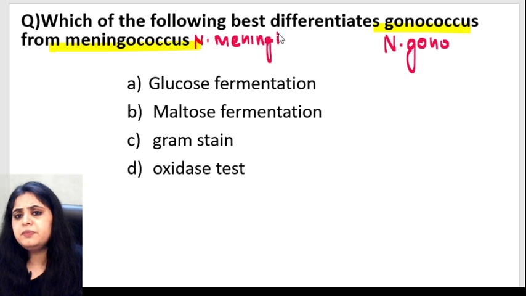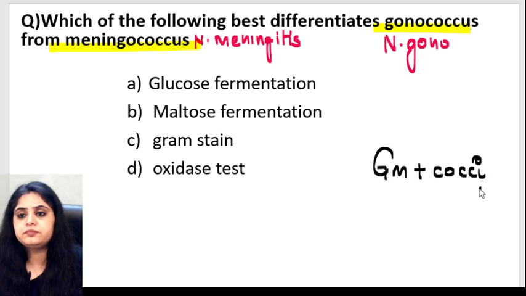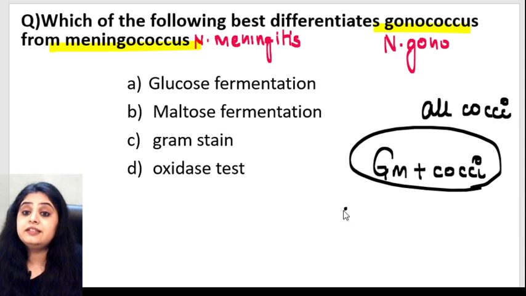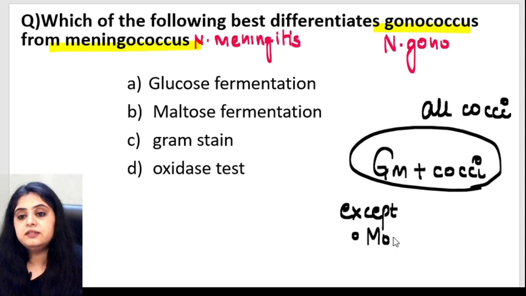First and foremost, up till now, whatever I've spoken about today were gram-positive cocci, staph, strepto. So basically, all the cocci are gram-positive, except, well, you have this in front of you. You have Moraxella.